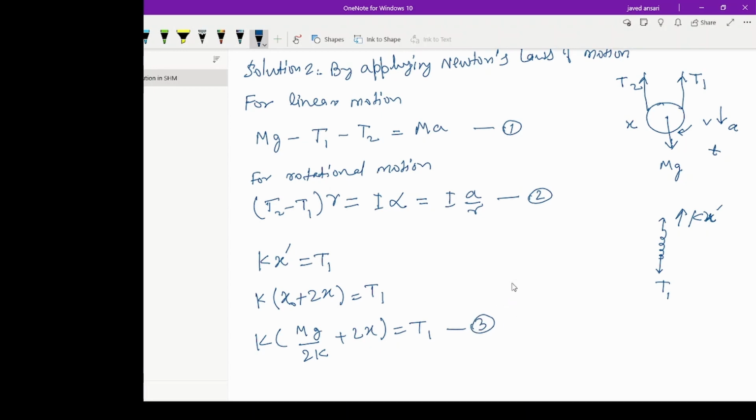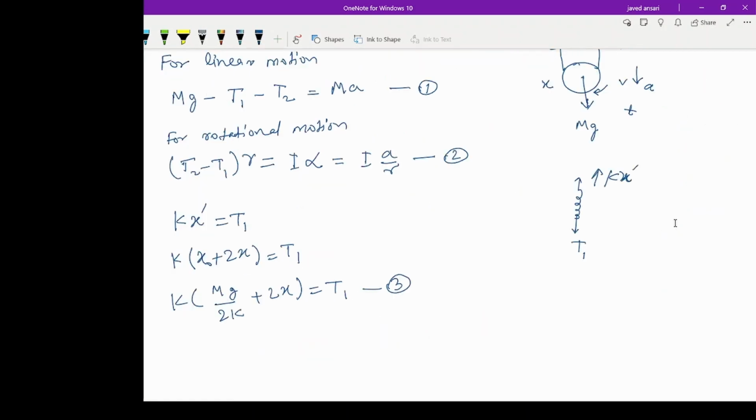Now let's see how many unknowns we have and how many equations we have. We have T1, T2, two unknowns, and then a, three unknowns, right? And we have three equations. Let's find out the value of T2 from 1 and 3.